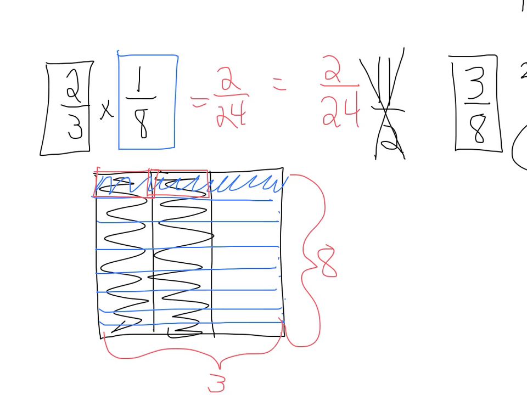Can you have more overlapping than what you start with? No, that doesn't make sense, right? You can only overlap what touches when one fraction goes in columns and another fraction goes in rows. So if they ask you to do a model for a multiplication of fractions, this is how you do it. Does that make sense?